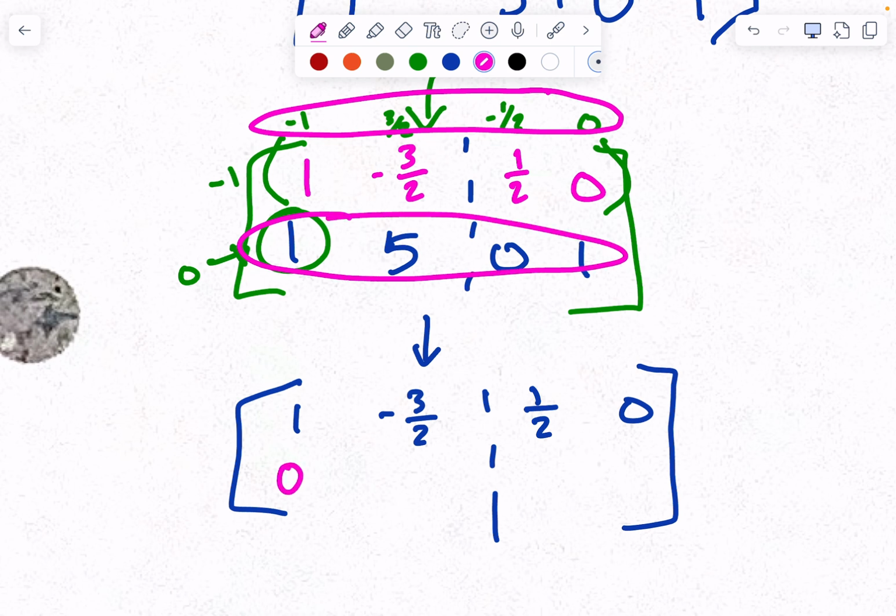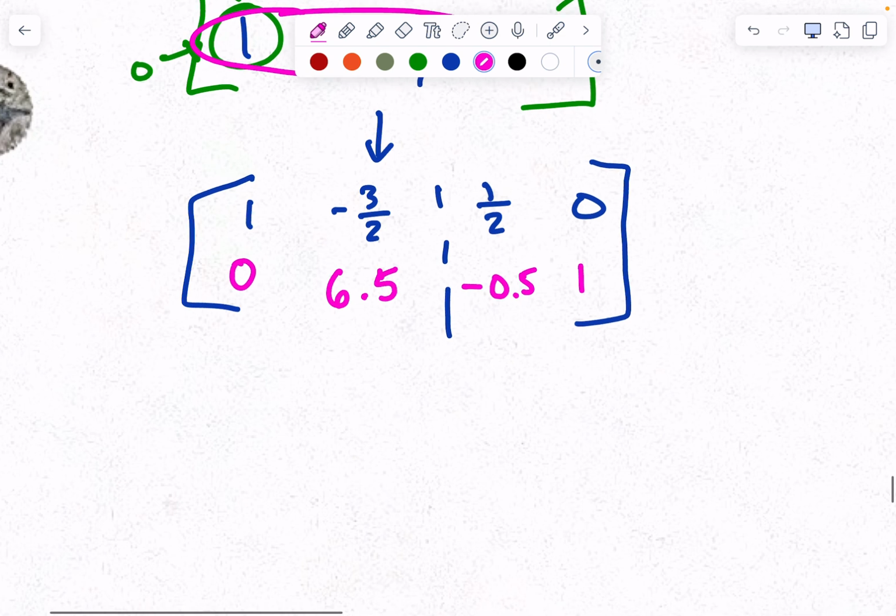That's what I want to have happen. What's 3/2 plus 5? 3/2 is 1.5, by the way, if you want to do it as a decimal. So 6.5. I'm going to convert to decimals. And if I add these two together, -0.5 and 0 gives -0.5, and 1 plus 0 is 1.